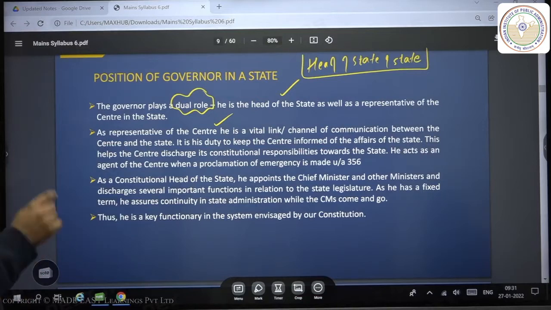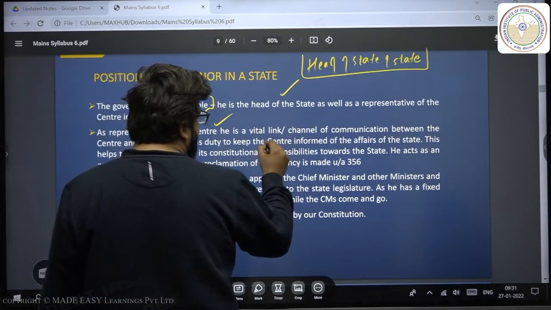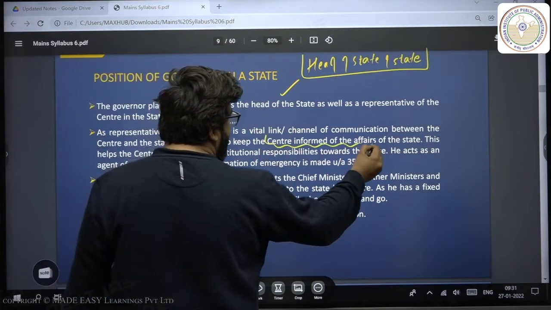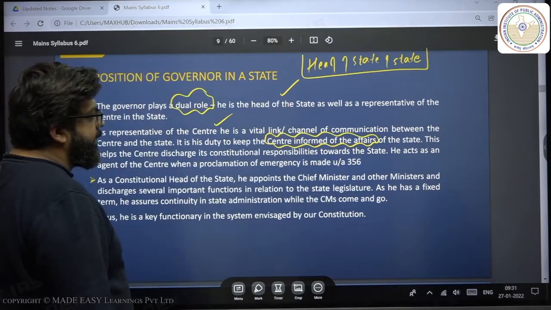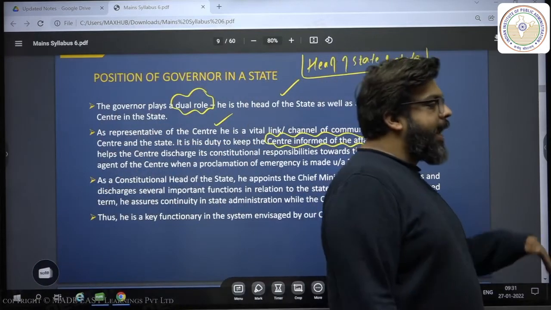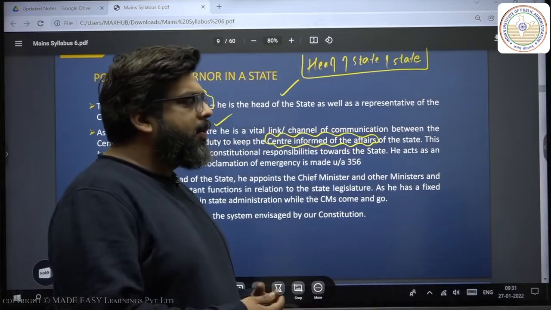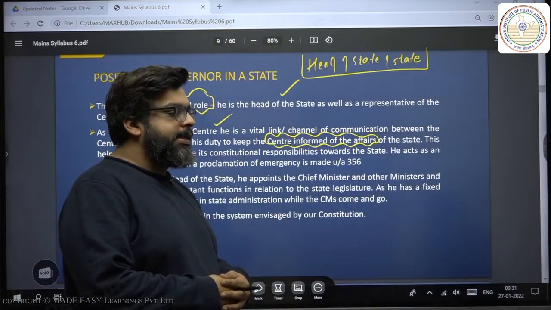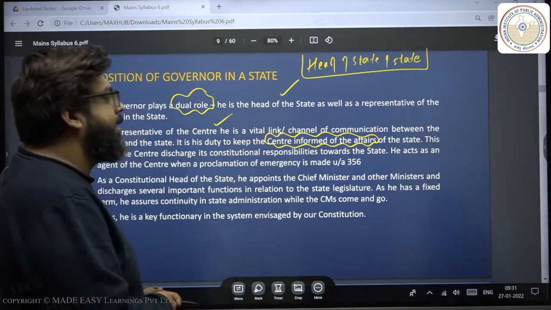And therefore, it is the duty of the governor to keep the center informed about the affairs of the state. And an aggressive application of this is that the governor can recommend to the center that the law and order machinery has broken down in the state, and therefore a presidential rule may be necessitated.